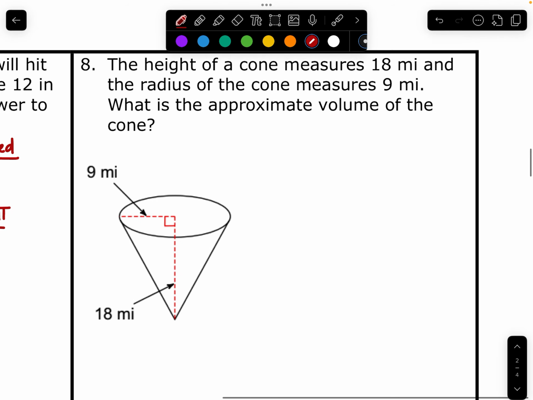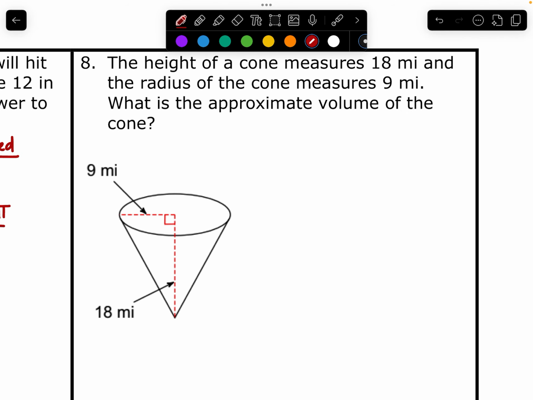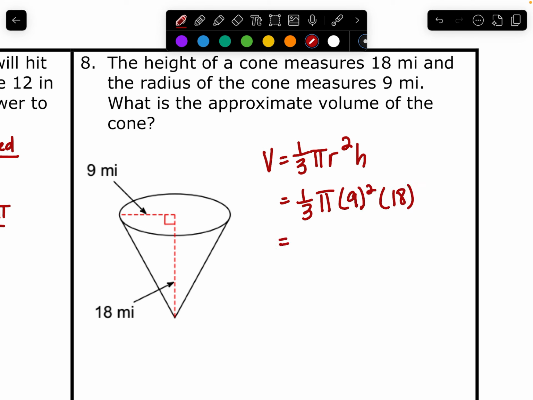All right, next, we're trying to find the volume of this cone. Volume of the cone is 1/3 pi r squared times the height. So 1/3 pi times the radius squared times the height. I'm going to do this by hand.